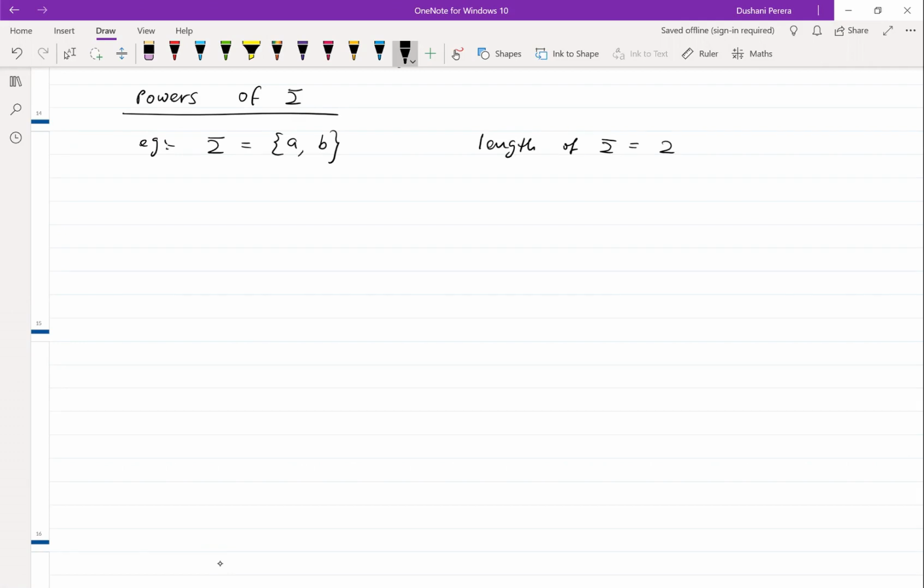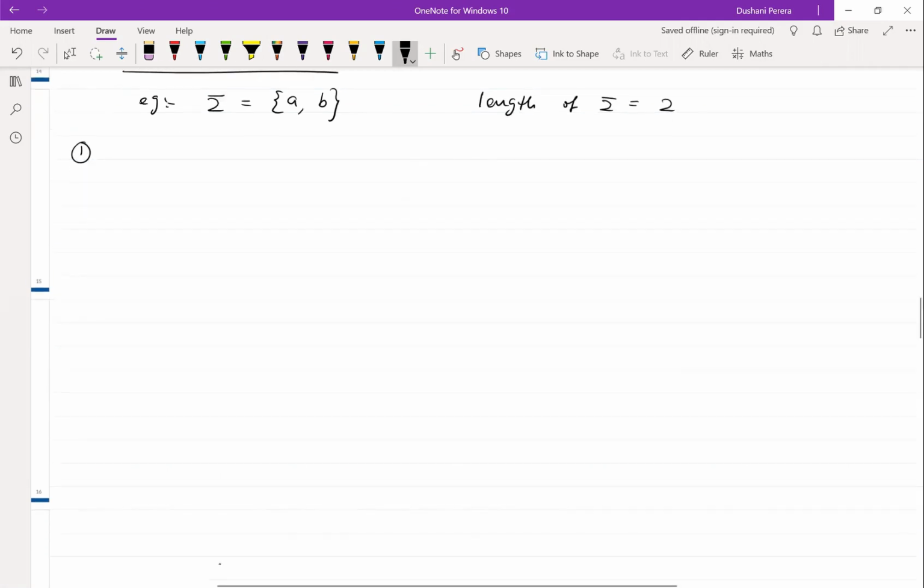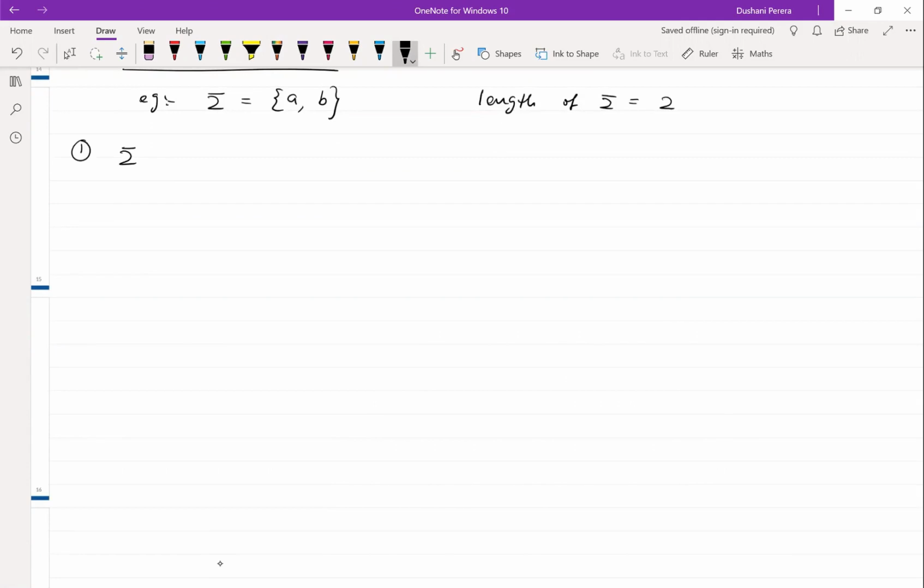Okay. Now, as number 1, I'll take sigma to the power of 1. Sigma to the power of 1 means the set of all strings that can be formed over sigma, this alphabet, which are of length 1.